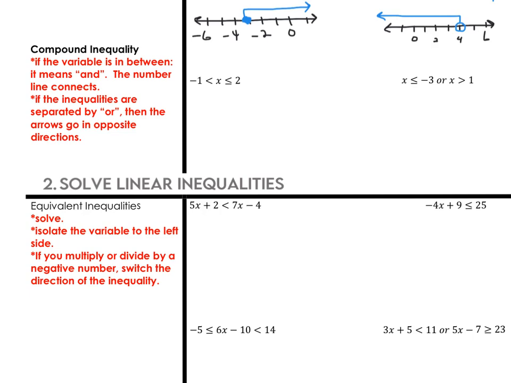As we create our number line, we need to make sure we have both of those boundaries represented. So we'll divvy up our number line here. And I'll put 0 right in the middle. Here's 2, here's 4. And we'll go to -2 on that left-hand side. Now in this case, the boundary on the left is an open circle because X is greater than -1.